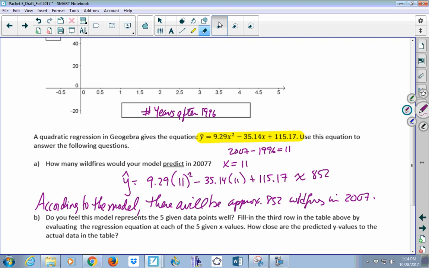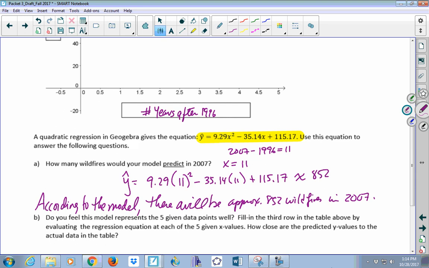Okay. My handwriting is getting worse and worse. Let's try a little clearer here. Wildfires. There we go. Okay. So according to the model, about 852 wildfires would be predicted.